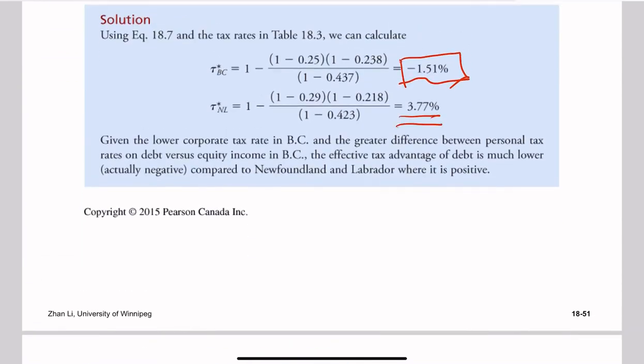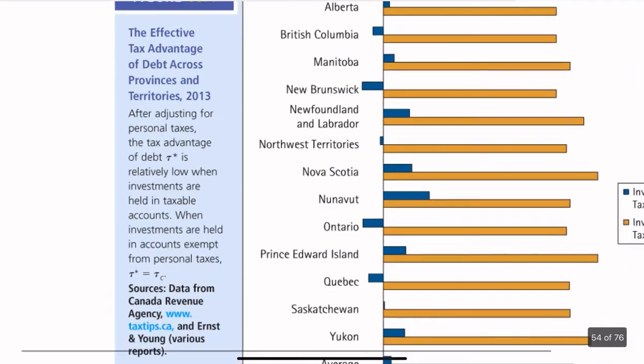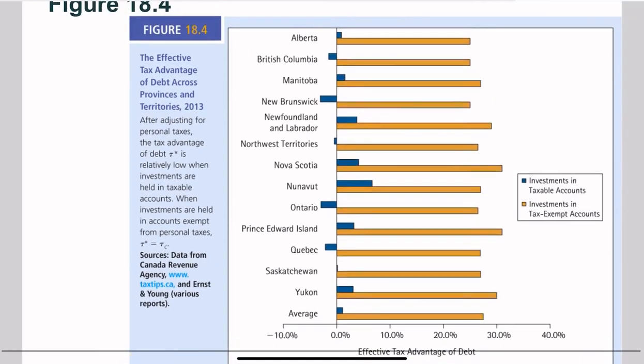And of course, you can see that for Newfoundland, the tax advantage of debt is actually positive compared with BC. So we can basically do the same thing to calculate the tax advantage by considering personal taxes for each province and territory in Canada.